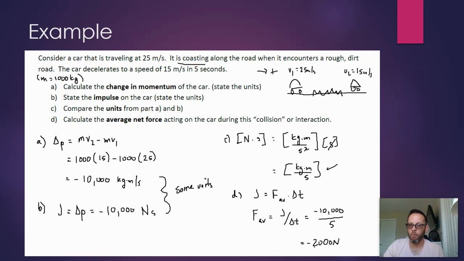So in our question, at least the way I've set it up, we can say that the road itself, or whatever's going on on that bumpy surface slowing down the car, on average exerted a force of 2,000 newtons. It could have made a bit more at one time, a bit less at another, but on average, that car experienced a 2,000 newton force to the left to slow it down over time. So a nice little example to get you using the equation for impulse and compare some units.